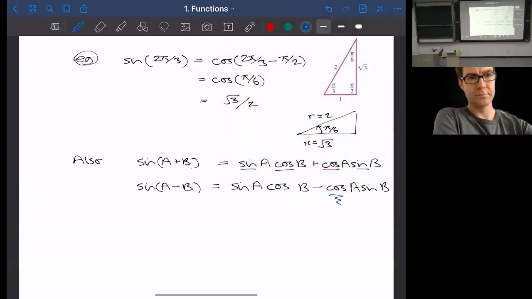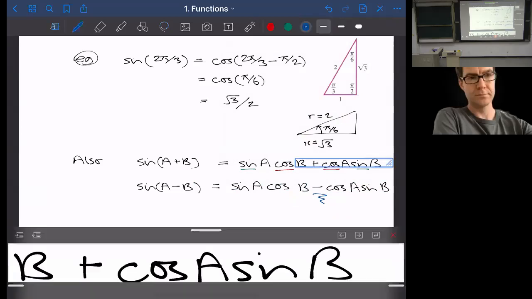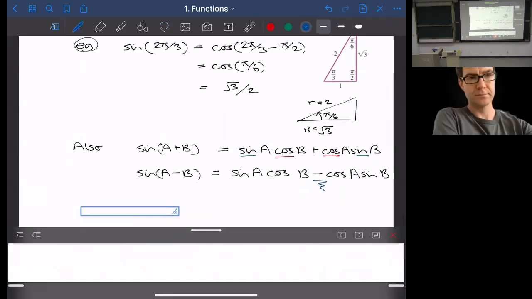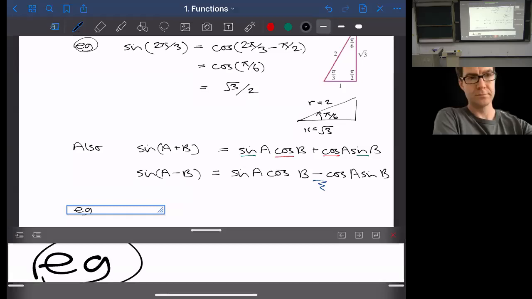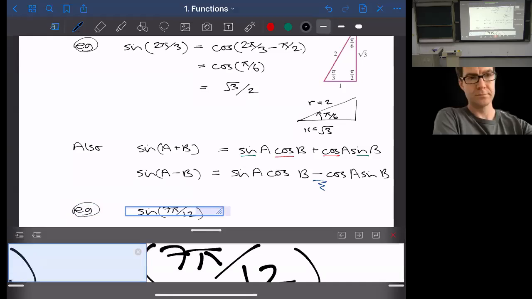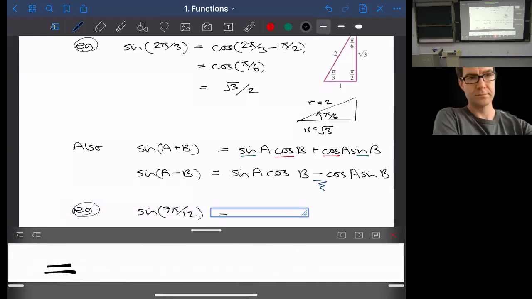Okay. And we can use these to calculate the values of trigonometric functions at different thetas.